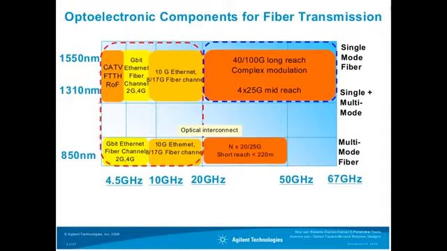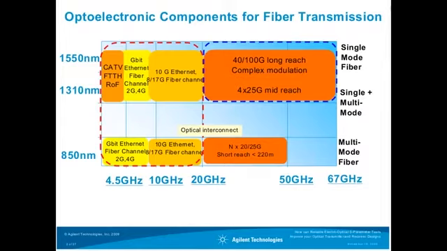Where do we actually have all these applications? Well, in fiber transmission, we basically consider two different application spaces: one on the telecom side, ranging from medium to long distance transmissions, and on the other side, the datacom field with basically short reach interconnects.